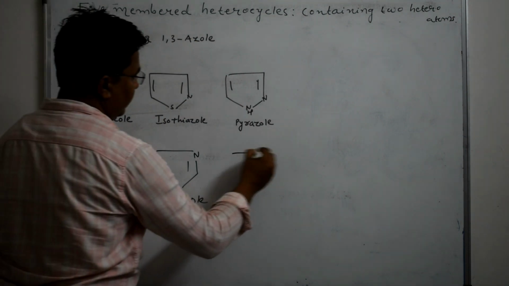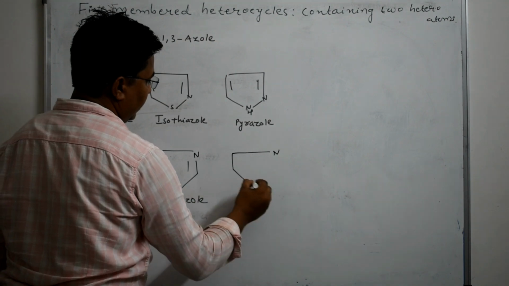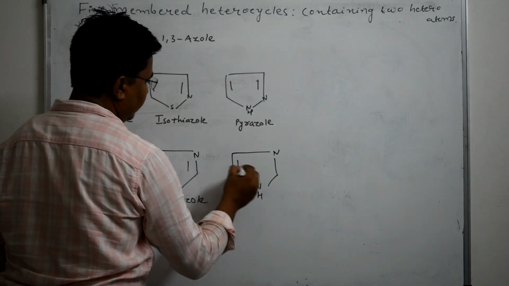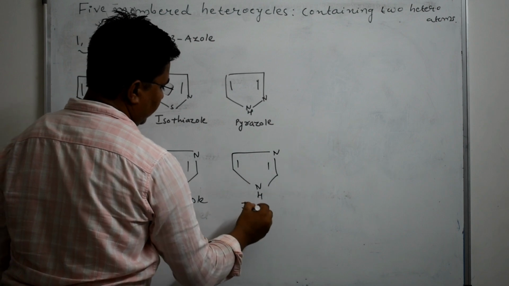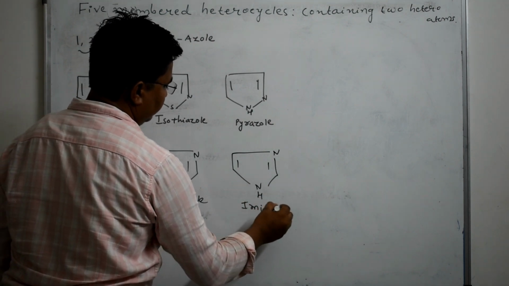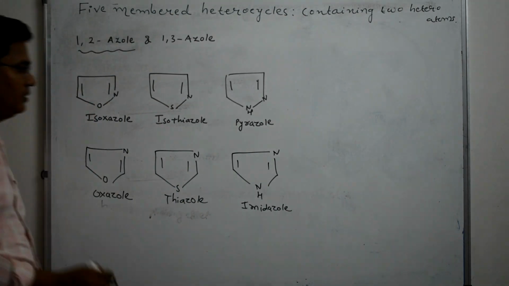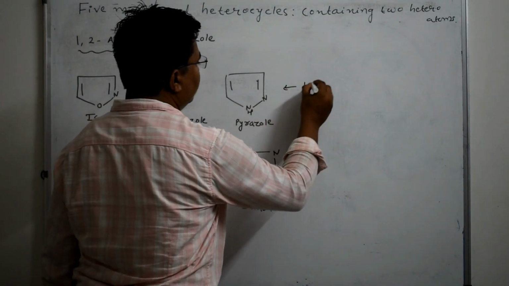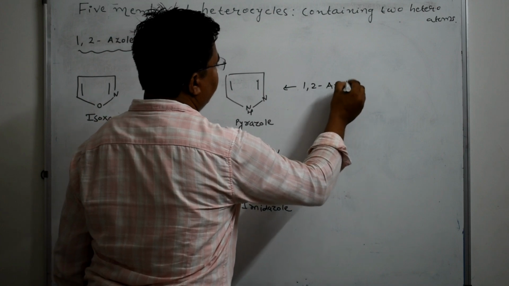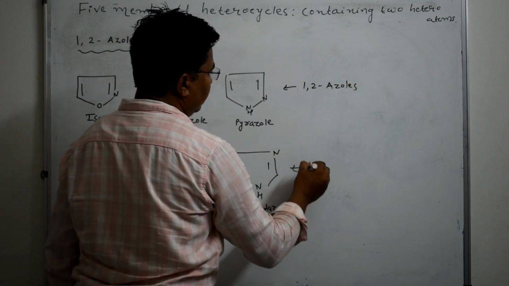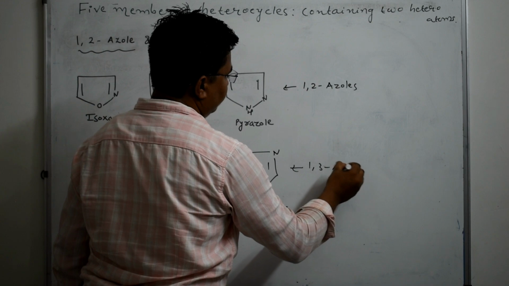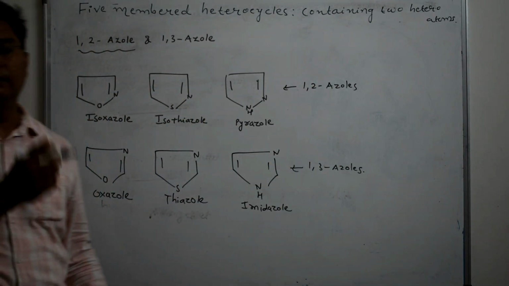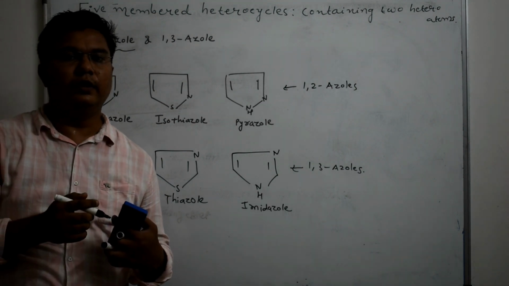And if I am taking nitrogen and nitrogen, this is called imidazole. So you can see these three are the class of 1,2-azoles, whereas these are the class of 1,3-azoles. This is the broad classification for the five-membered heterocycles containing two heteroatoms.